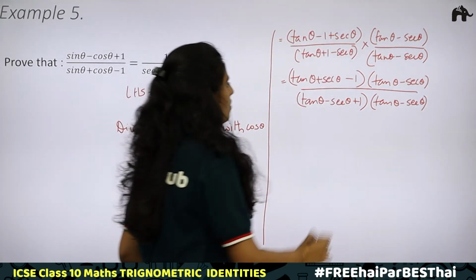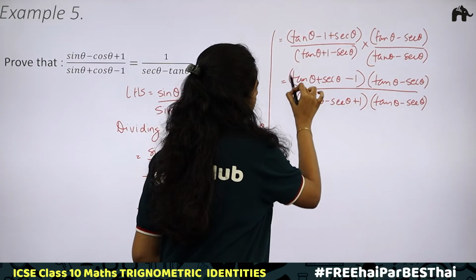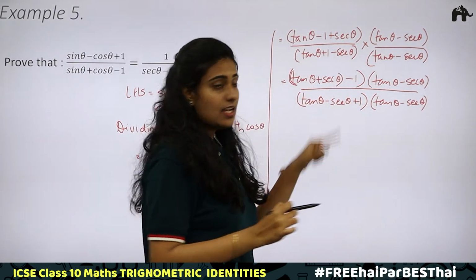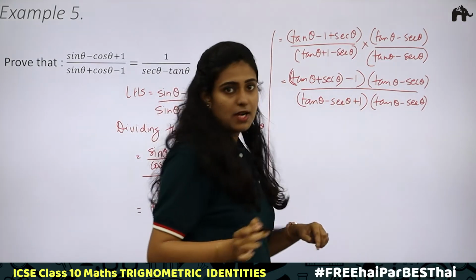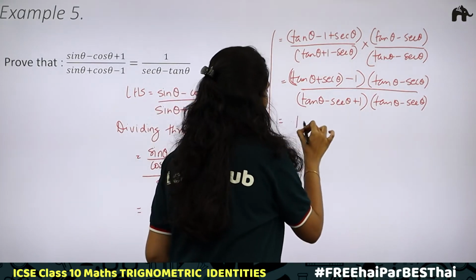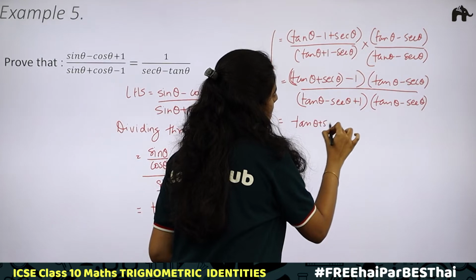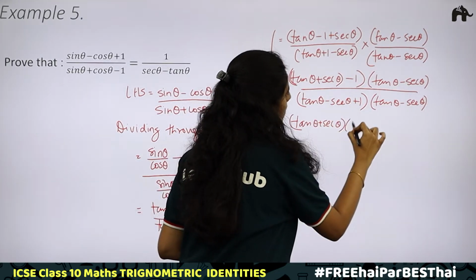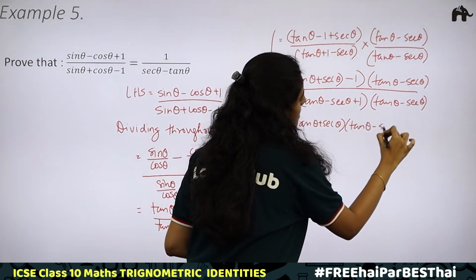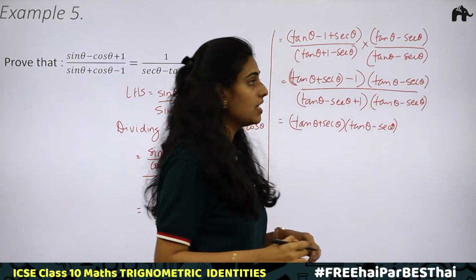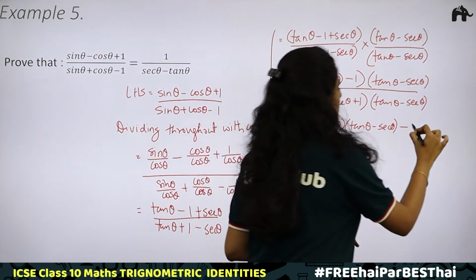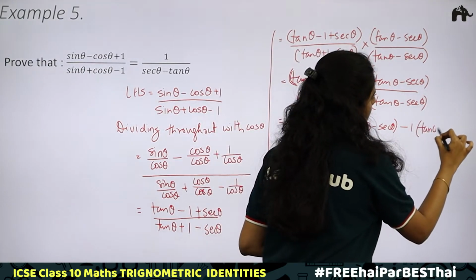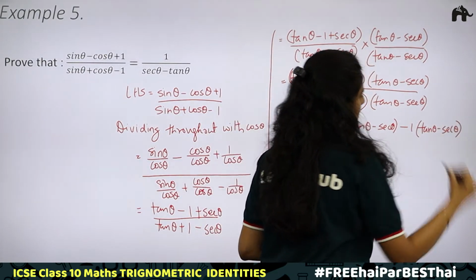Okay. Now here we have tan theta plus sec theta and this is tan theta minus sec theta. Now removing the brackets and multiplying, we get tan theta plus sec theta into tan theta minus sec theta. This is one term. And the next term, here we have a minus 1 into tan theta minus sec theta.